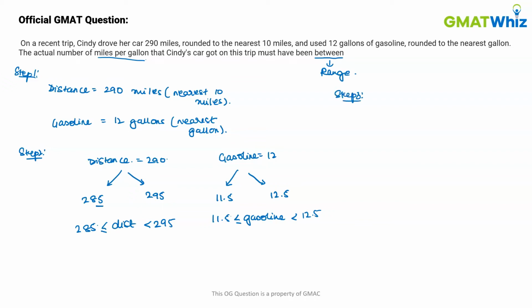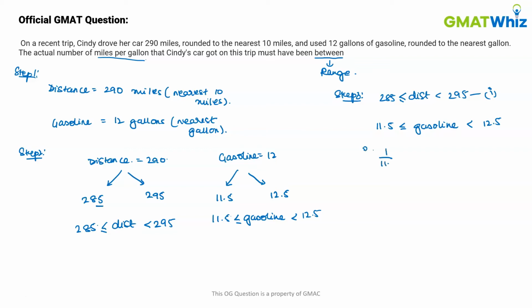Step 3. Let's name this as equation 1: 285 less than or equal to distance less than 295. And since we have to combine both the equations, the second equation that we have is 11.5 less than or equal to the amount of gasoline used less than 12.5. Let's take the reciprocal of this.